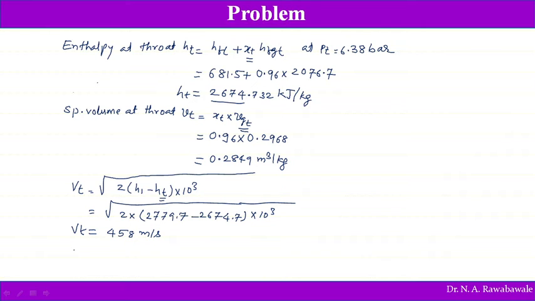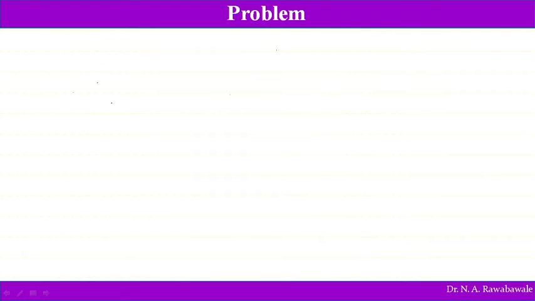Velocity at throat is known, specific volume is known, mass flow rate is known. So we can find out total area at throat. The equation is m is equal to AT times Vt divided by small vt, so this is the problem of multiple nozzles.